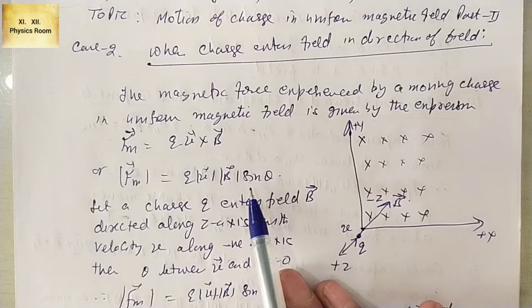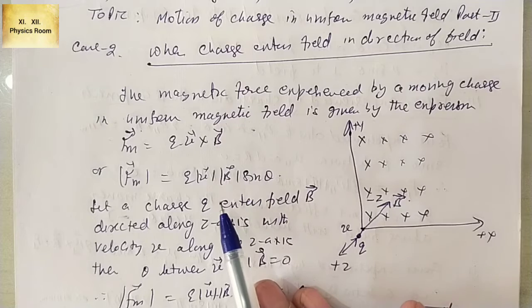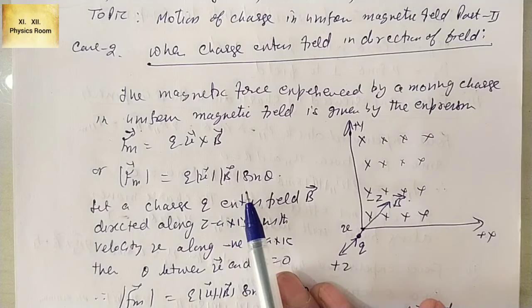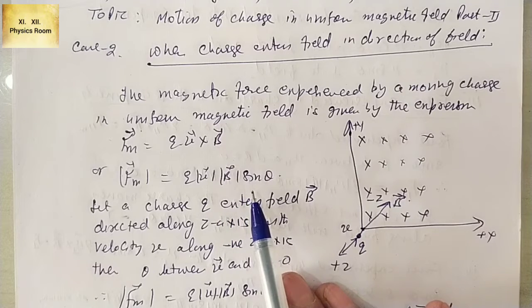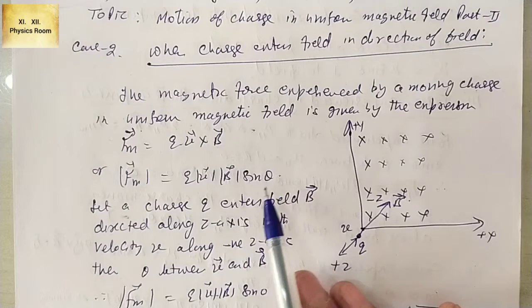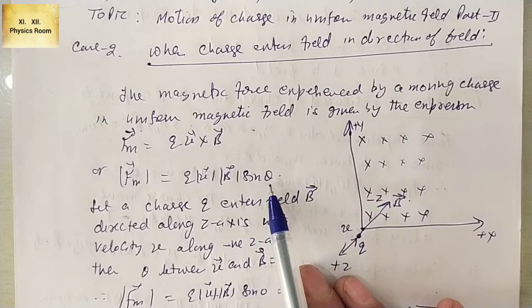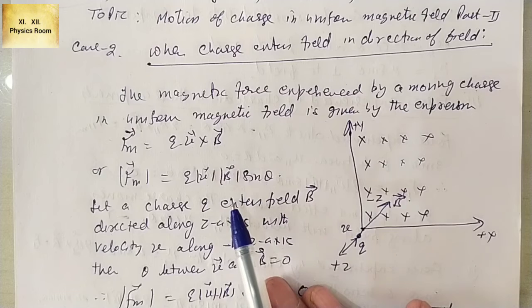And the direction is given by Fleming's left hand rule or screw rule or right hand thumb rule depending upon the angle. If the angle is acute, it is given by the right hand thumb rule or screw rule, and when theta is pi by 2, it is given by Fleming's left hand rule.